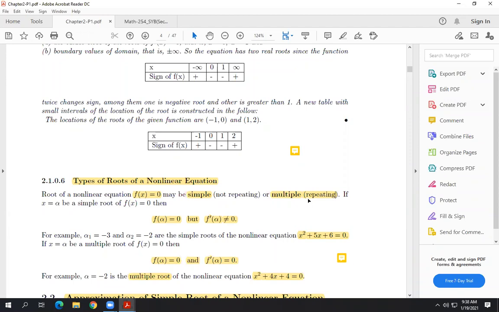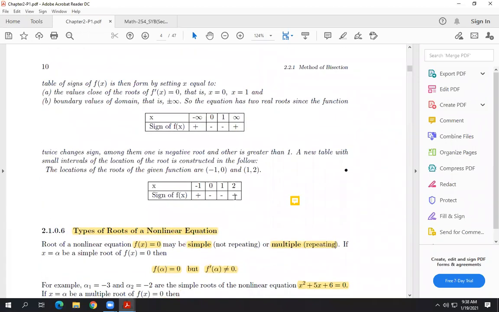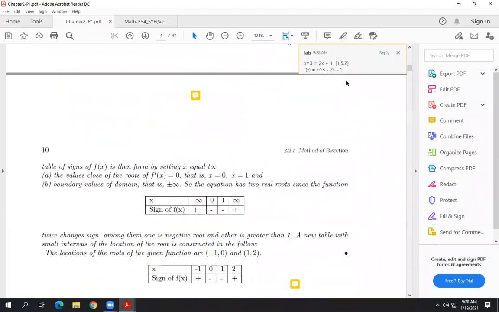But this is later on, not now. What you know now is the root may be simple or multiple. The other point to remember is that your root must be real.